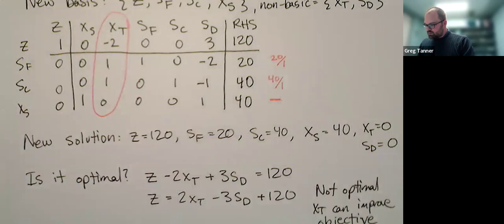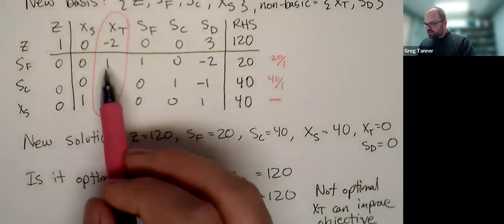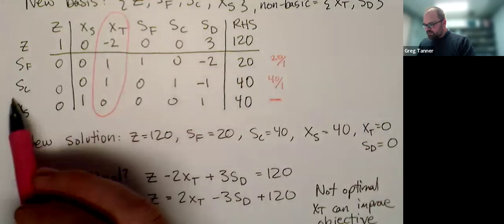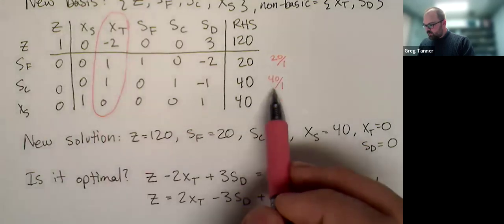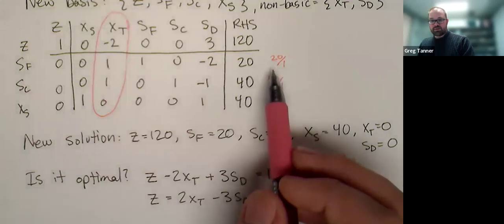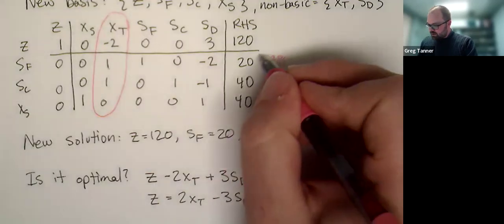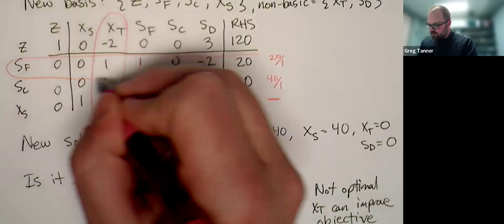As we raise XT, SF goes to 0 when XT is 20, and SC goes to 0 when XT is 40. So we have to pick the one that drives it to 0 first, and so SF is going to be our exiting variable.